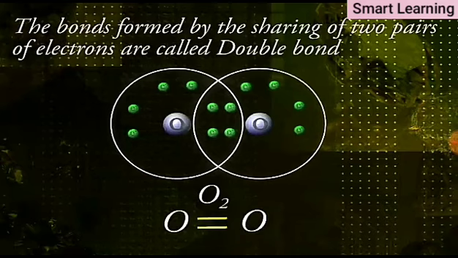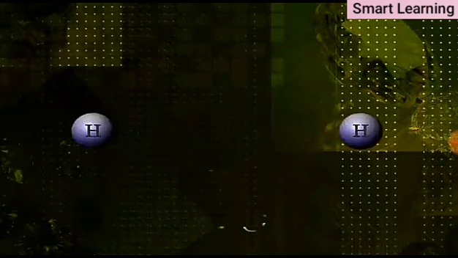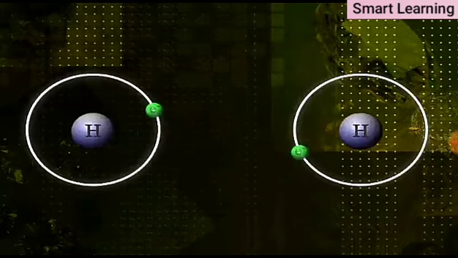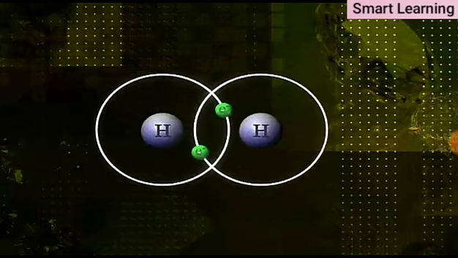The bonds formed by the sharing of 2 pairs of electrons are called double bonds. The shared electrons belong to the outer shells of both the atoms and enable both the atoms to attain noble gas configuration.